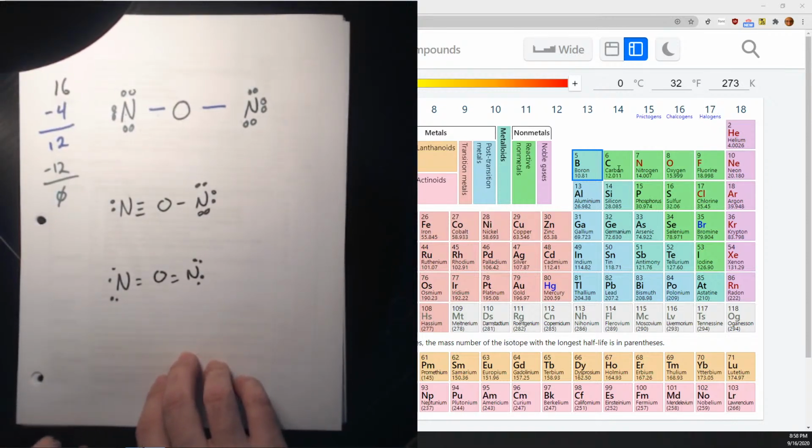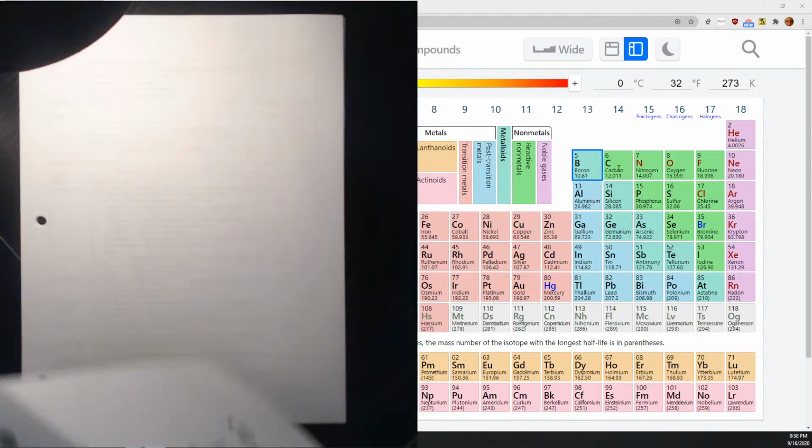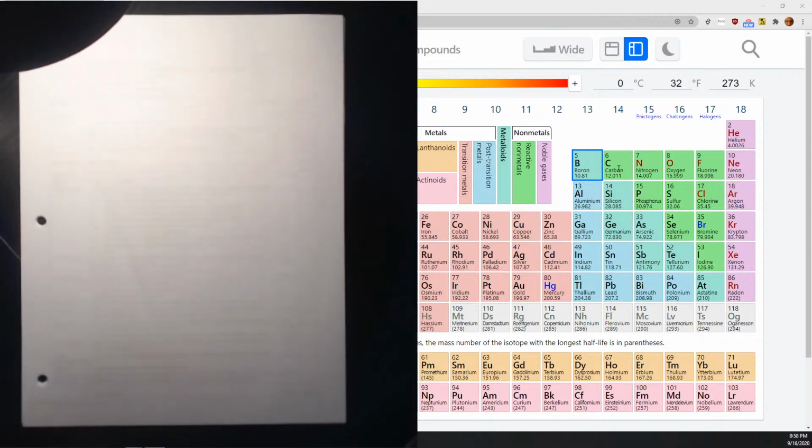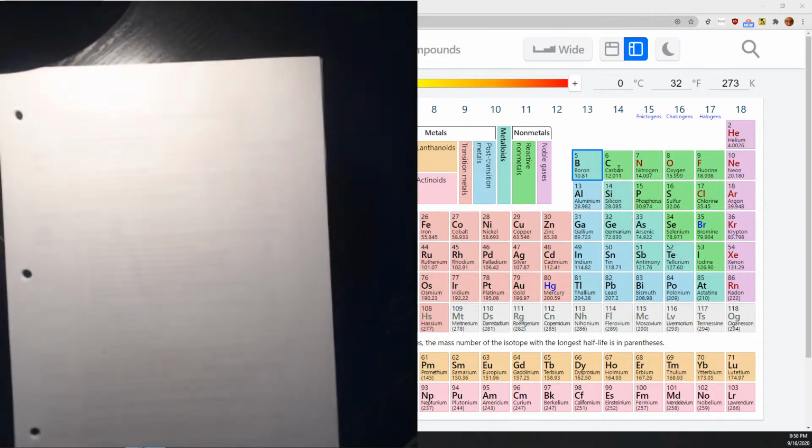So I'm going to put them all on a single page, and then we'll compare them all side by side.